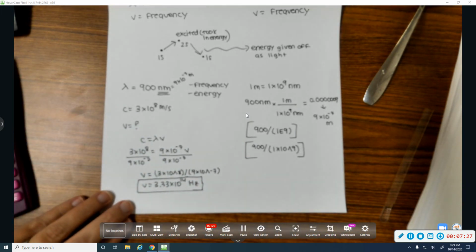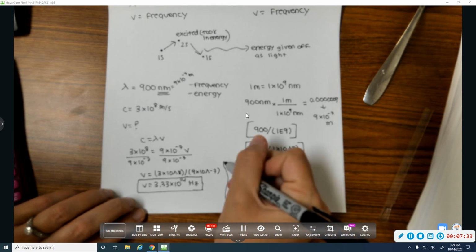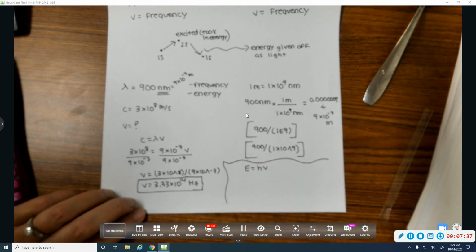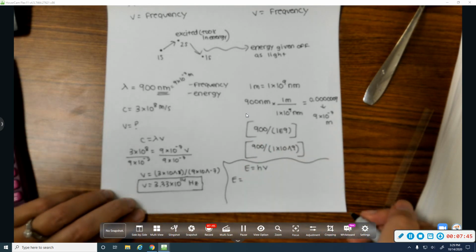Now, I also wanted you to find the energy. The equation for energy is E equals HV. E is energy, what we're solving for, so I'm going to leave that. H is a constant.